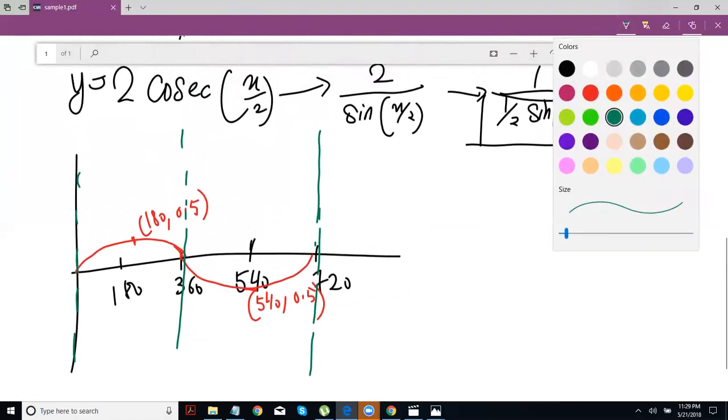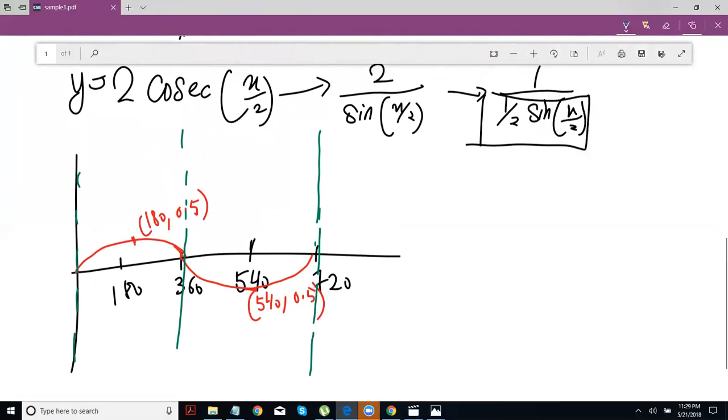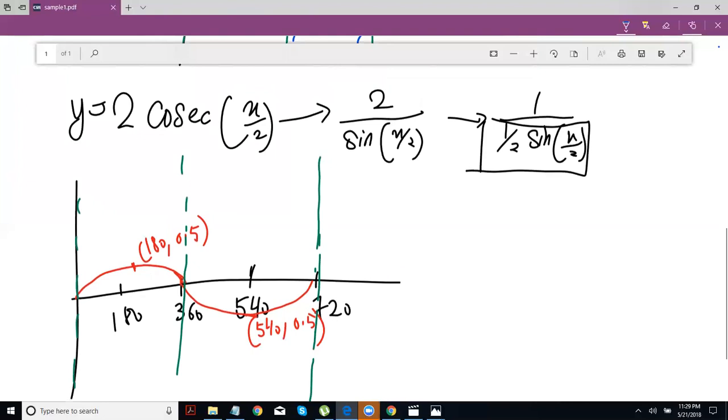Now, if you look at 180, for example, this value here at 180 and 540 is giving you 0.5, right? We can read that off the graph. Let's look at it here. This is 0.5.